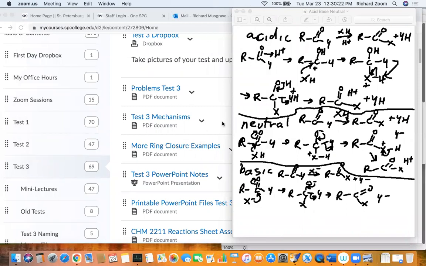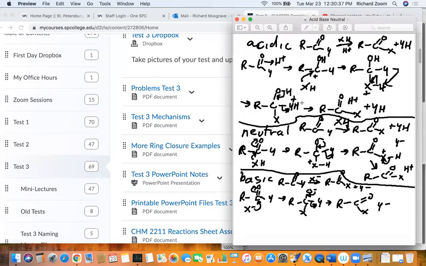And the main thing that I wanted to hit on here is the fact that most of the mechanisms that we cover here go with one of these three patterns. I had introduced this to you before spring break, and it's these three mechanisms: the acidic mechanism, the neutral mechanism, and the basic mechanism.